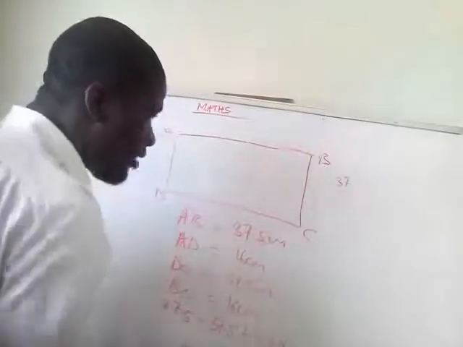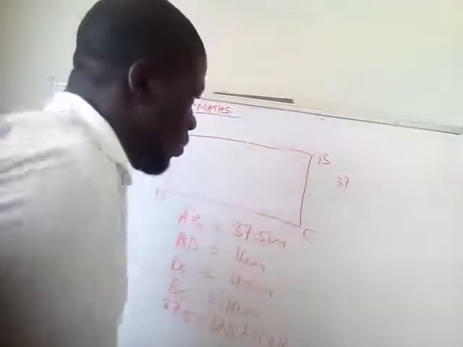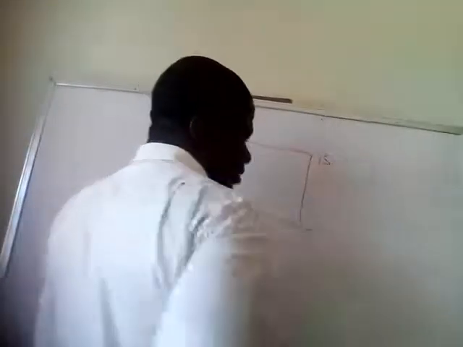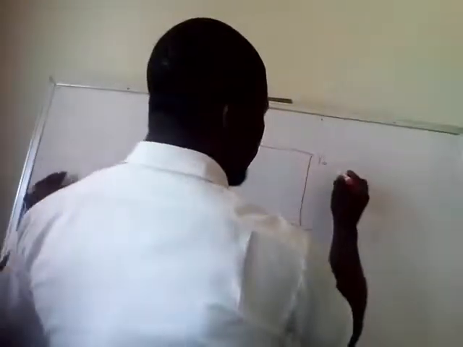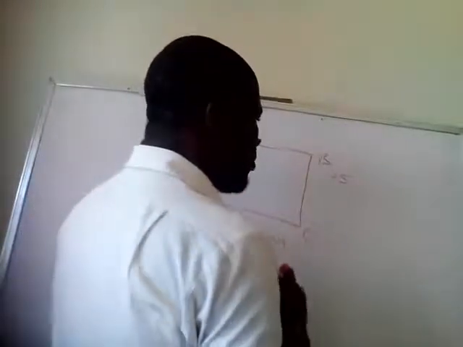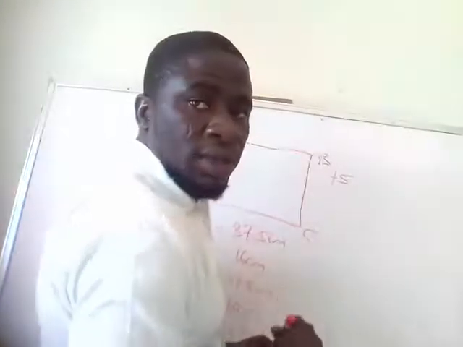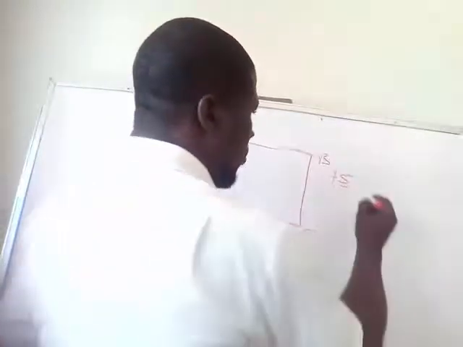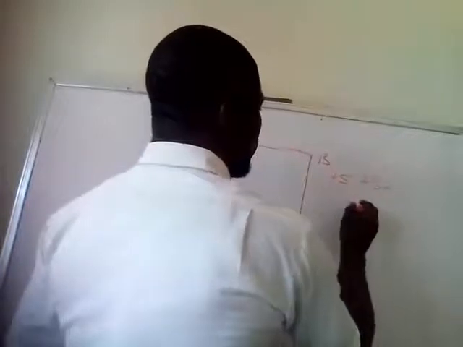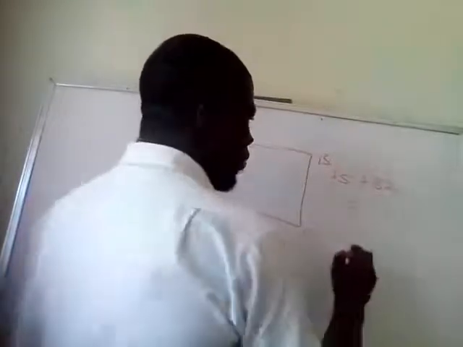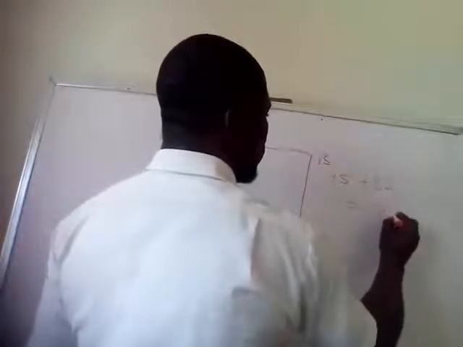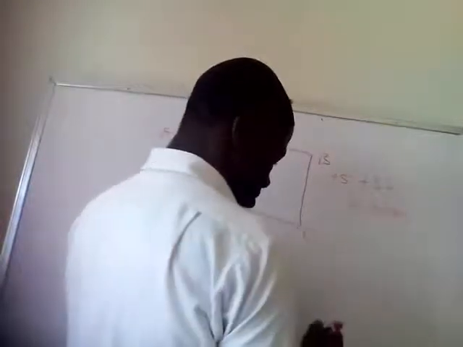Let me write it up there. We have 75. 16 plus 16 will give me 32, plus 75. So the total will equal 107 cm.